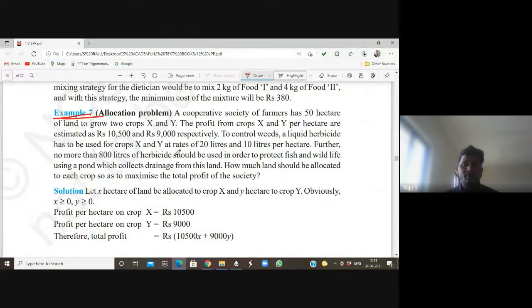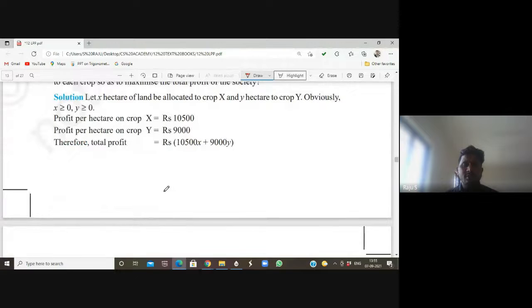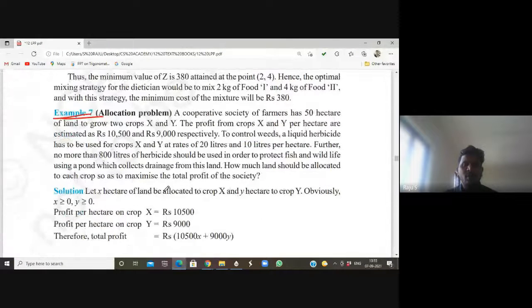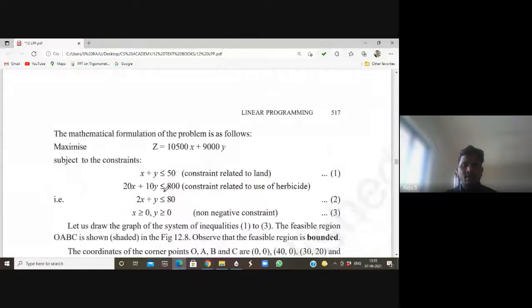According to this data, we have to form the equations, take the objective function, and form the linear inequalities. This is the objective function according to the data. We'll get some constraints and non-negative restrictions.